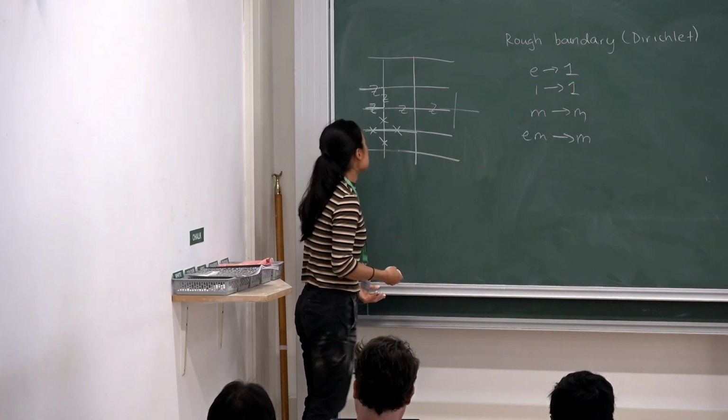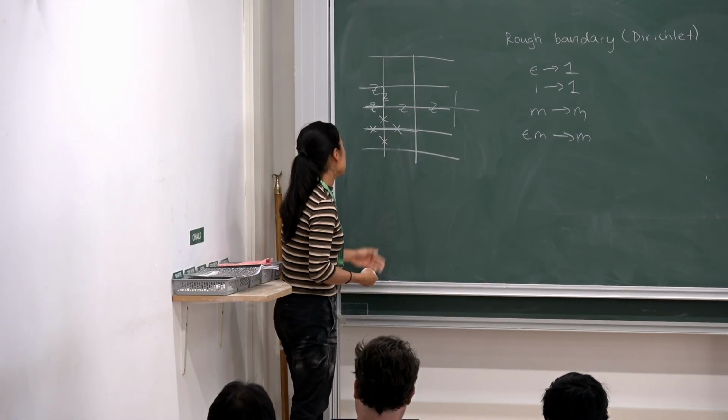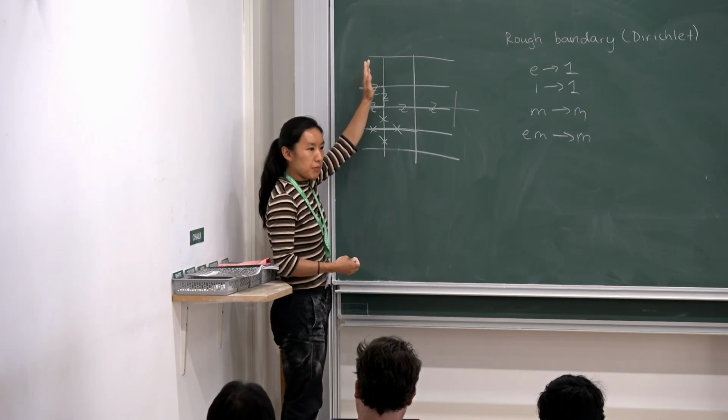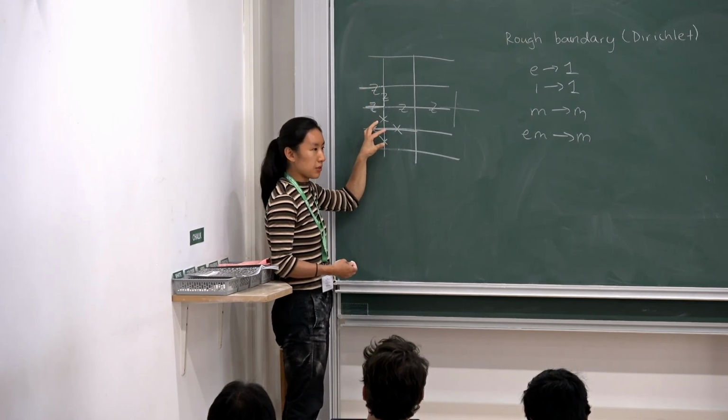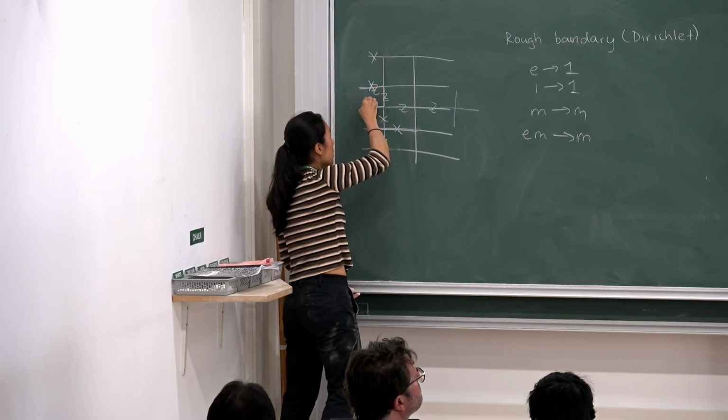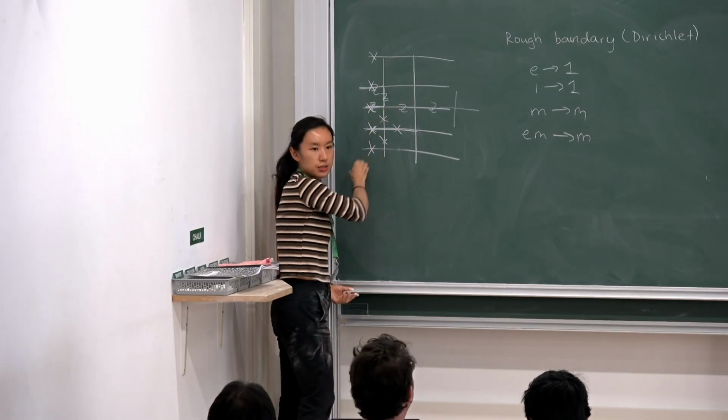So it can't be annihilated, and it gets stuck there. And what you can also see is that along this boundary, there is an operator that isn't generated by any of these local terms. This operator is just a big product of X operators all along this rough edge.